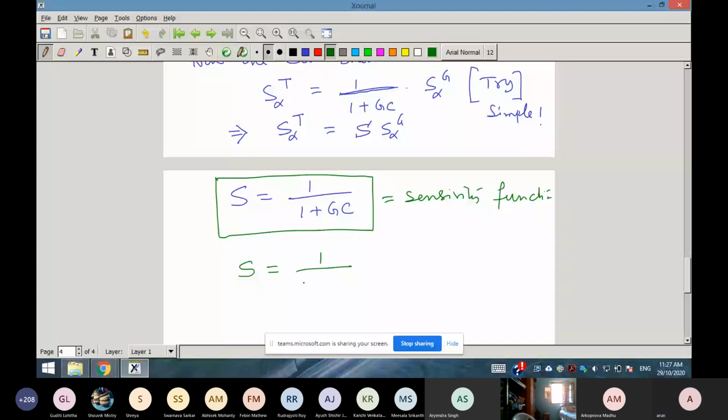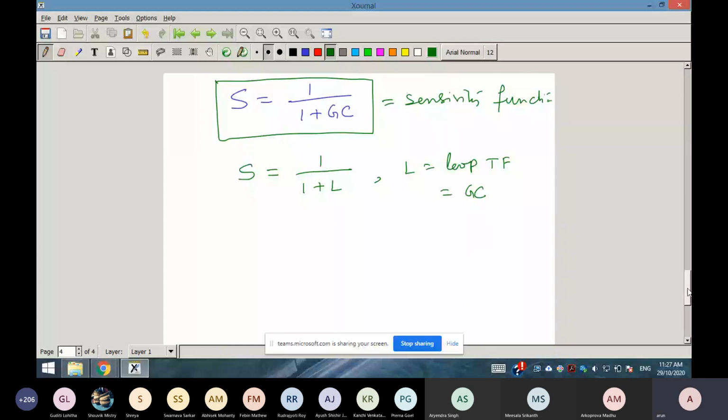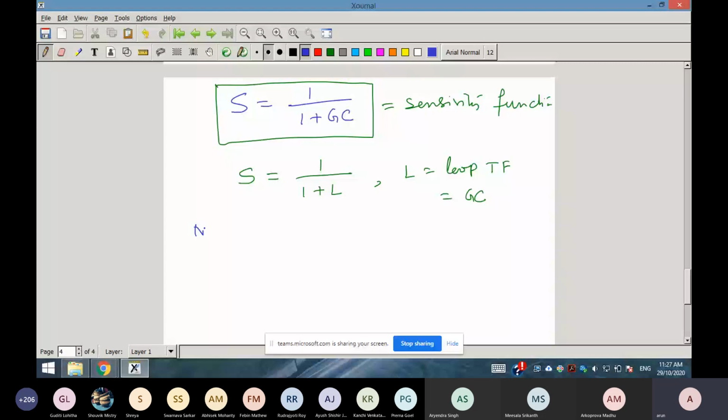L is the loop transfer function, equal to G into C. So to reduce sensitivity, to reduce S, L should be as high as possible.